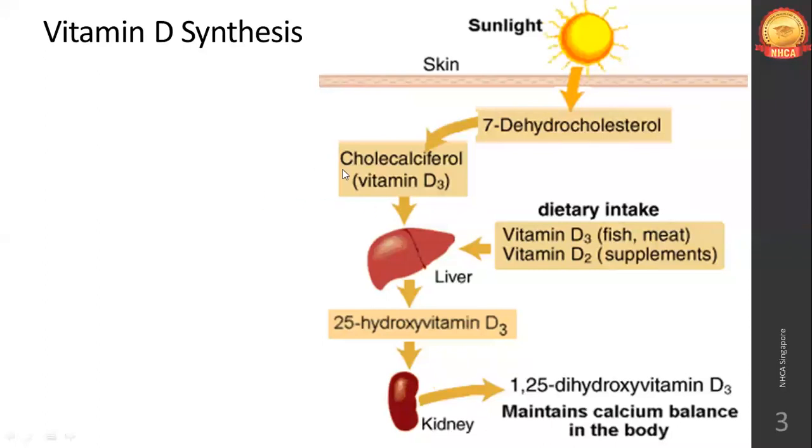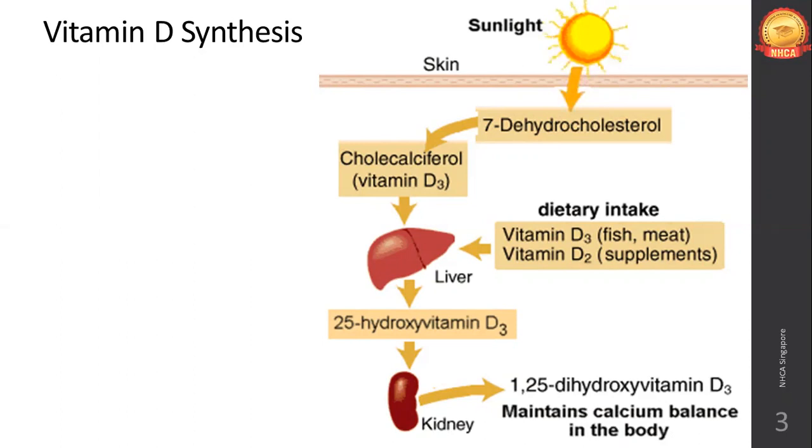Then also, there is a very large misconception that sunlight gives you vitamin D. It's not true. Sunlight doesn't give you any vitamin D, but within the layers of your skin, you already have the inactive form of vitamin D, in the form of vitamin D3.